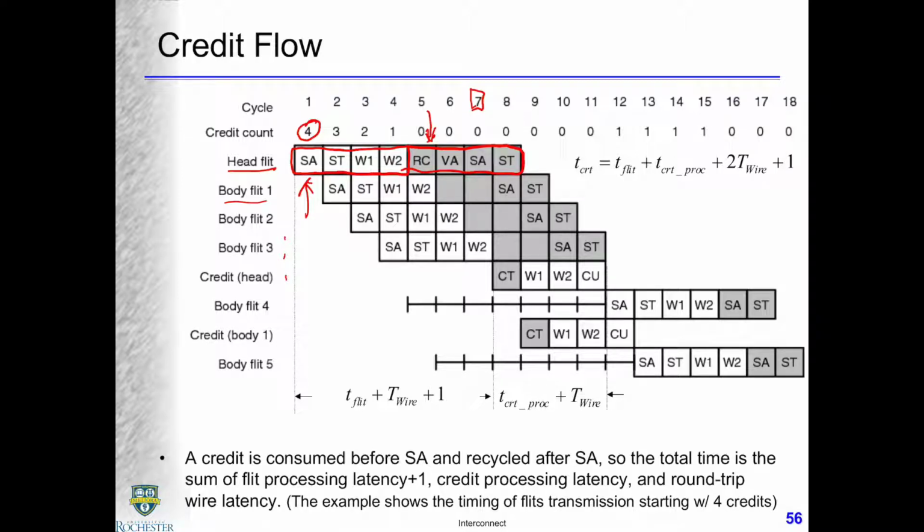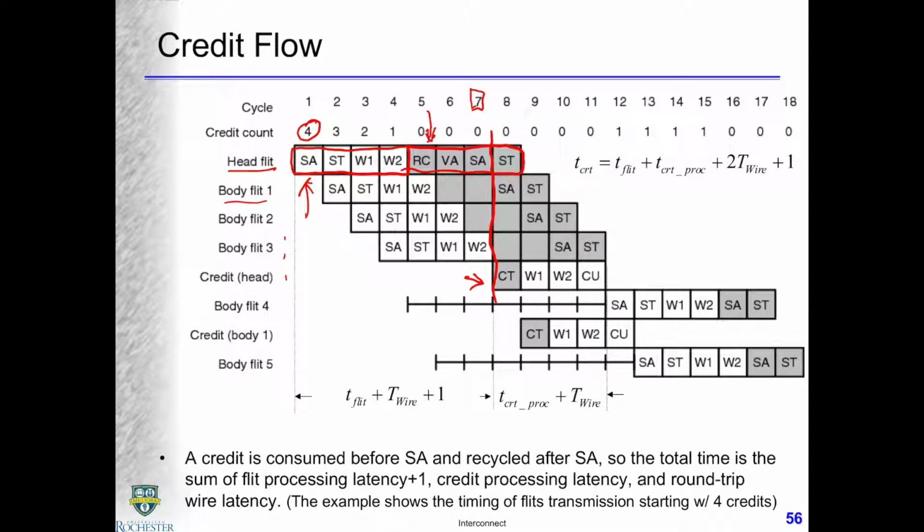Okay? So when the switch allocation succeeded in the downstream neighbor at cycle 7, then at the end of that cycle we can generate a credit packet backwards to the light colored node. Okay? Because we know this flit has left this station, therefore we have one more credit available for your consumption.